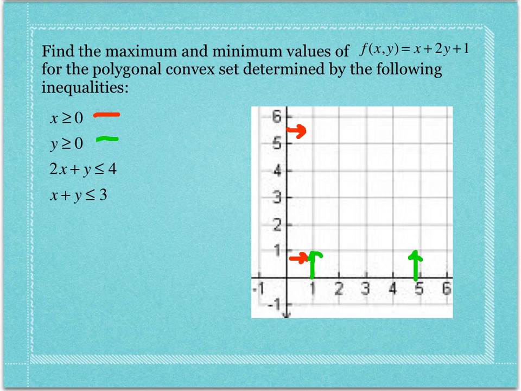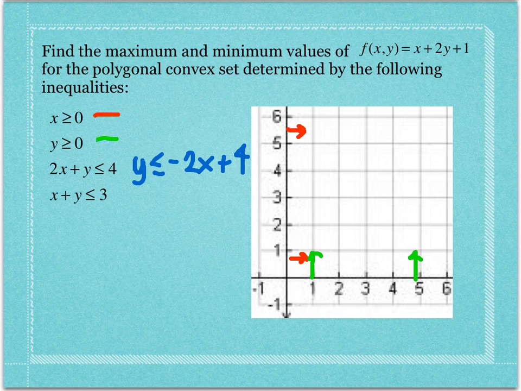Now we get to the ones that are a bit tougher, but still not too bad. The next one is 2x plus y less than or equal to 4. I could rewrite this as y is less than or equal to negative 2x plus 4.